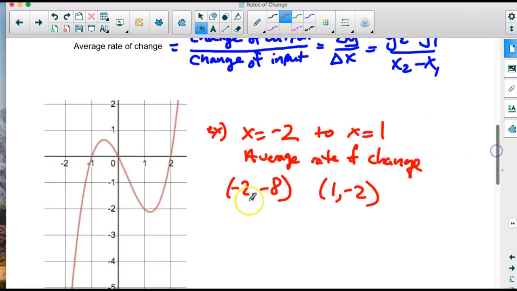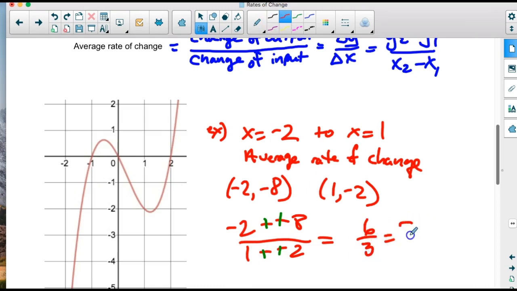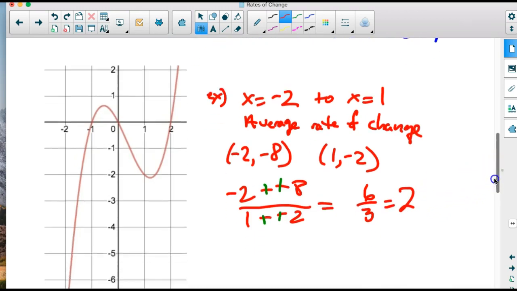Here our average rate of change is -2 minus -8 over 1 minus -2. So we're going to have this changing to positive and this changing to positive. We're going to get 6 over 3, which is the average rate of 2. So we have an average rate of change of 2 over 1 in this graph.